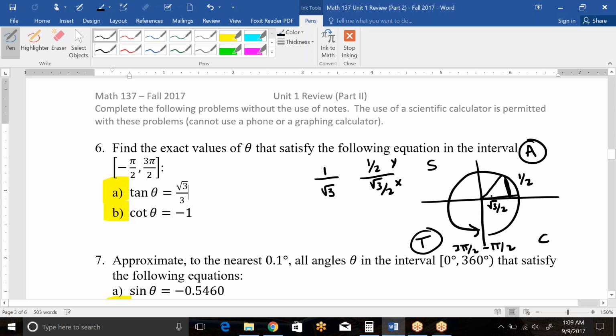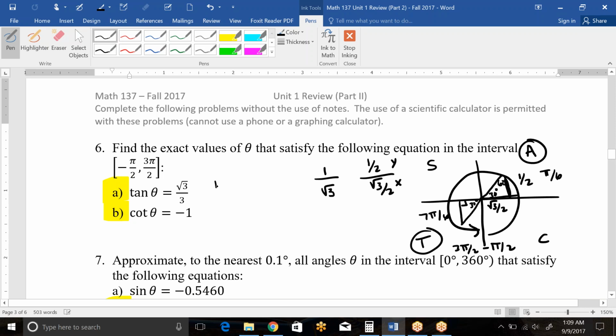So that means we're dealing with, this is 60 because it's always across from square root of 3 over 2. This is 30. So we're looking at pi over 6 right there. So this is pi over 6. So that's one angle. Down here, we would report this one, still 30 degrees here, but this is 6 pi over 6, so that's 7 pi over 6.